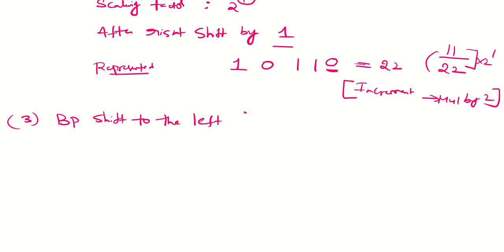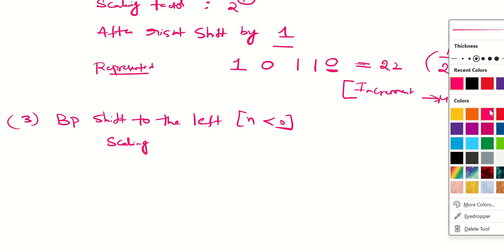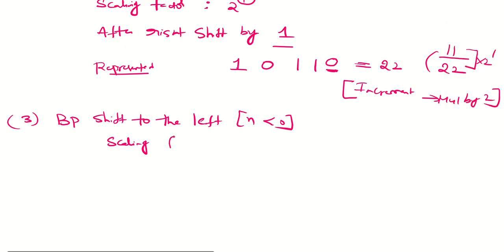Whenever n is negative, that means less than 0, we consider the scaling factor to be negative numbers. That means 2 power minus 1, 2 power minus 2, like this. Whenever the numbers are negative, the base point is always shifted towards the left side.